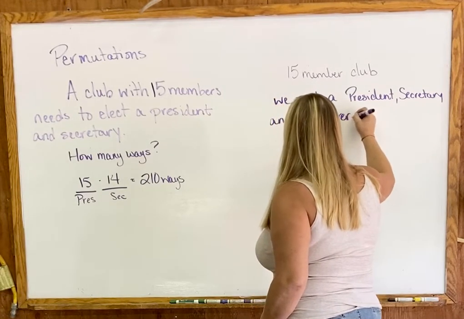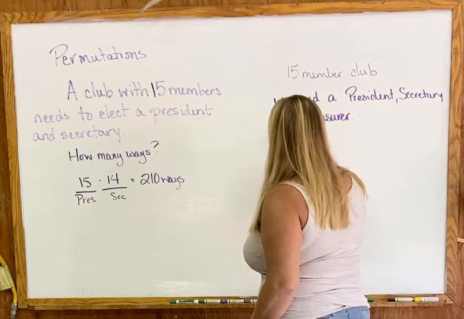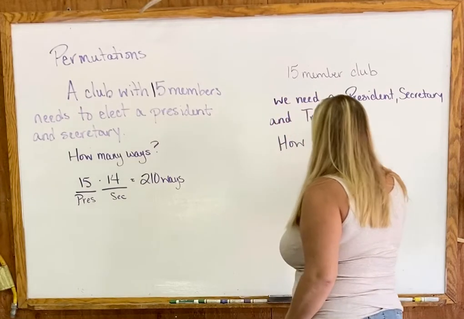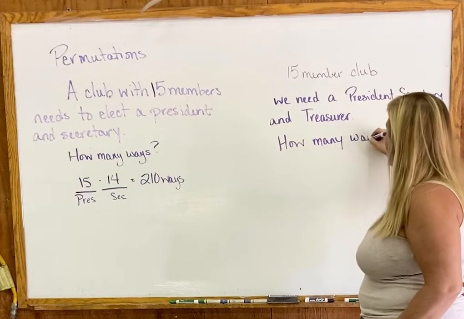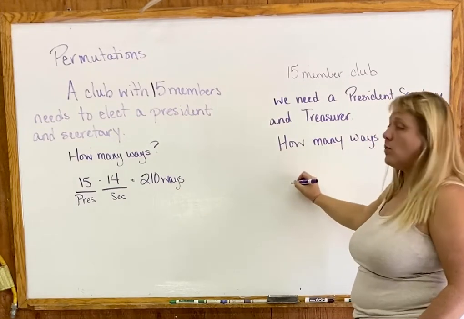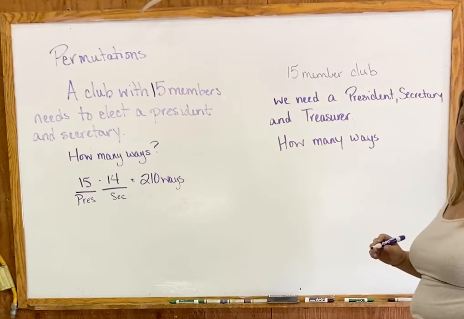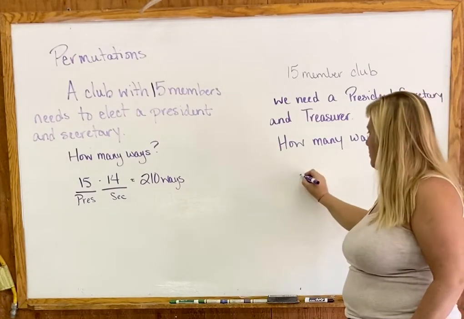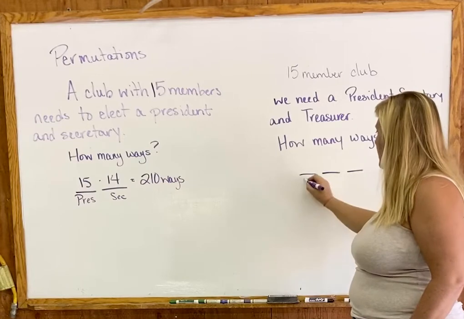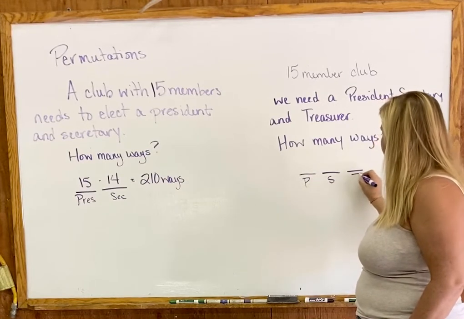Somebody has to deal with money. Okay, so again, how many ways? Okay. So this time though, when we go to make our little pigeonholes, how many little pigeonholes are we going to have? Right, this time we'll have 3, won't we? So there's the president, the secretary, and the treasurer.